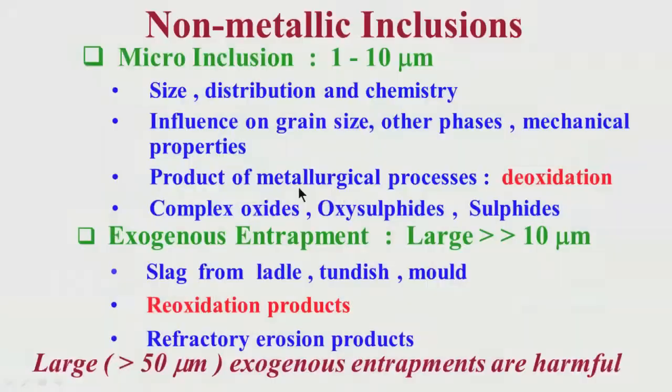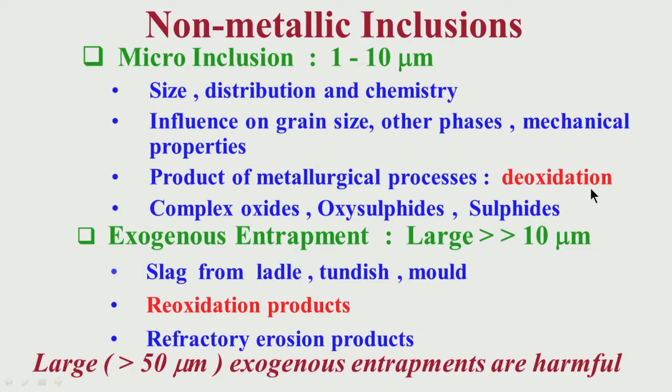Now, these are products of metallurgical processes. An example is deoxidation. That means these are generated during the metallurgical reactions during steel making. As I have told you, we have to take care of dissolved oxygen in steel by deoxidation. How do we do it? Either we use silicon, ferrosilicon, ferromanganese, or we use aluminum.